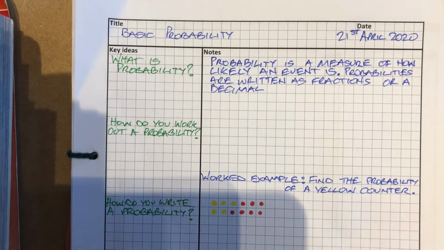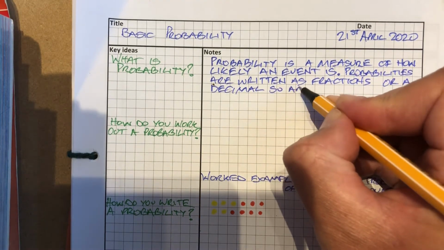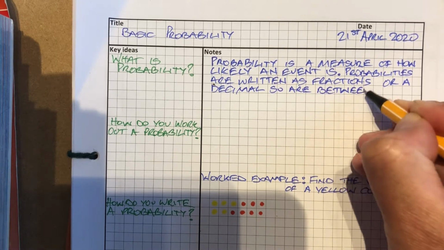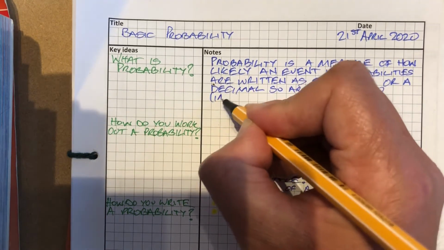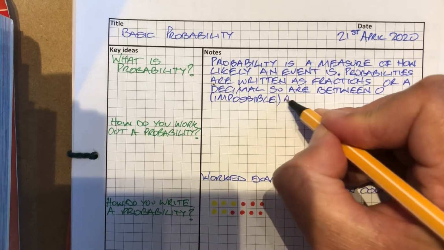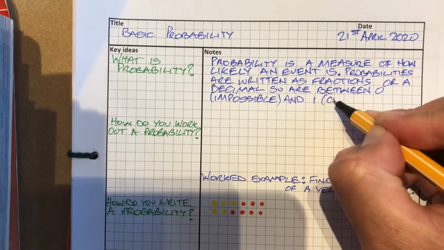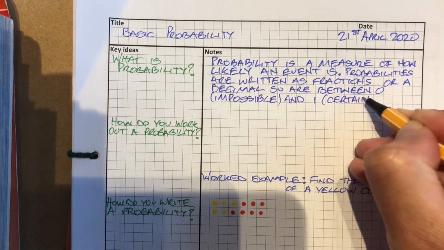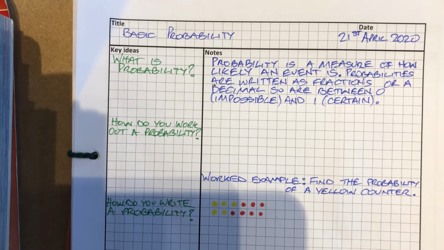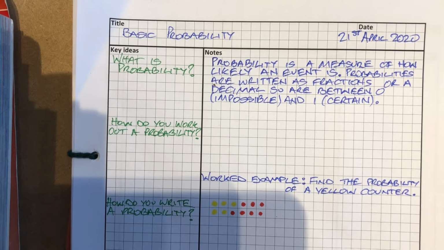So that means that they come between 0, which means that the event is impossible, it cannot happen, and 1, which means the event is certain, it must happen. All right, and it's worth remembering that. It's very easy to do a calculation, end up with a probability of something like 1.4. If you don't think about that, you might accept that as your answer, but it's got to be wrong. If it's bigger than 1, it's definitely wrong.